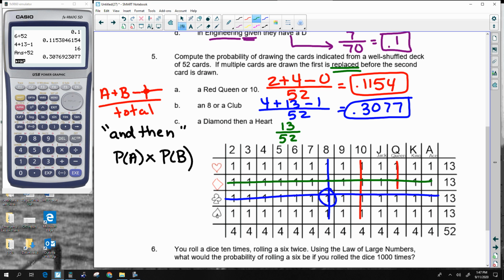Because if it was not put back, that would bump down to 12, and this would be 51 if it were not replaced. But because it is replaced, then it goes back to 13 and 52. Okay, diamond and then a heart. So a heart.